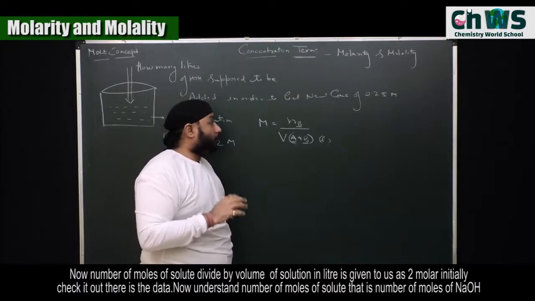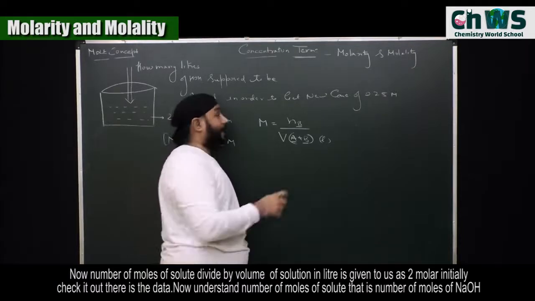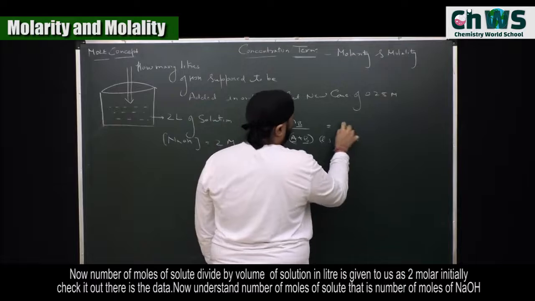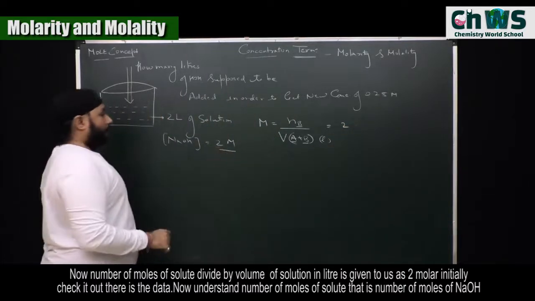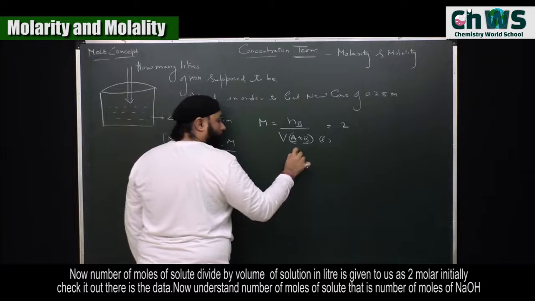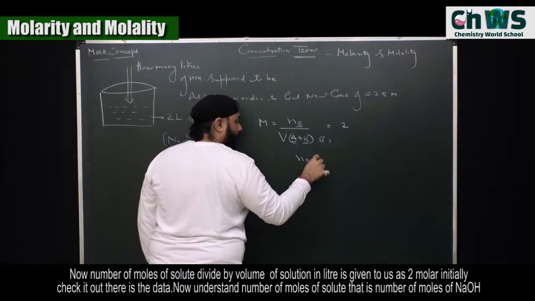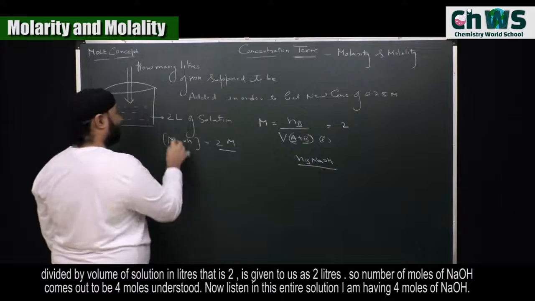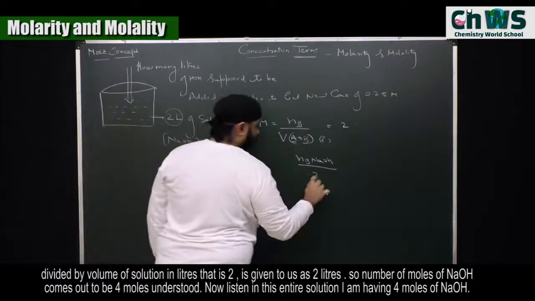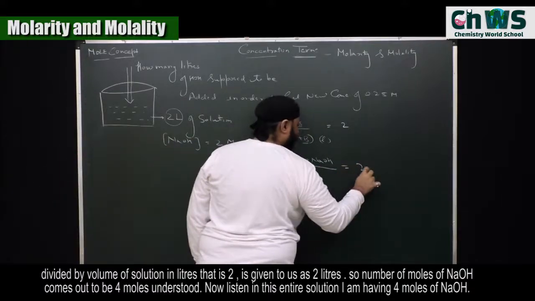Now number of moles of solute divided by volume of solution in liters is given to us as 2 molar initially. Check it out, there's the data. Number of moles of NaOH divided by volume of solution in liters, that is 2 liters, is given to us as 2.